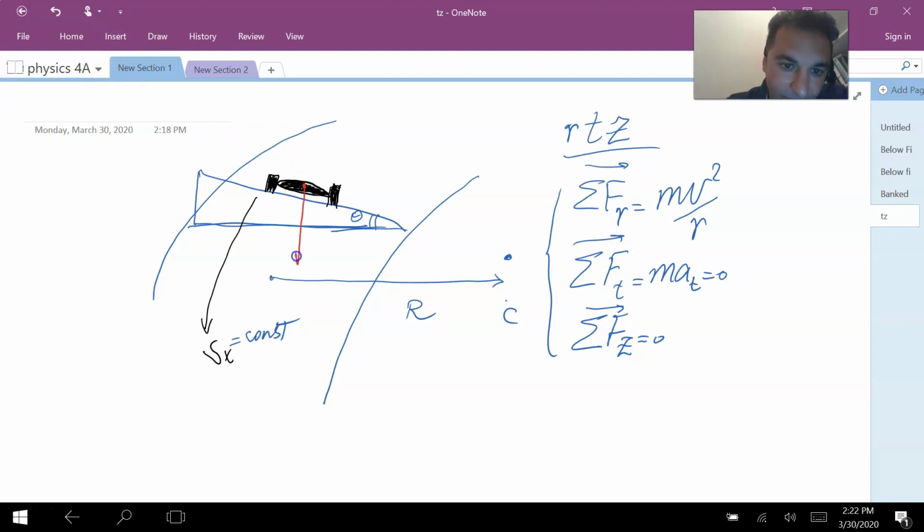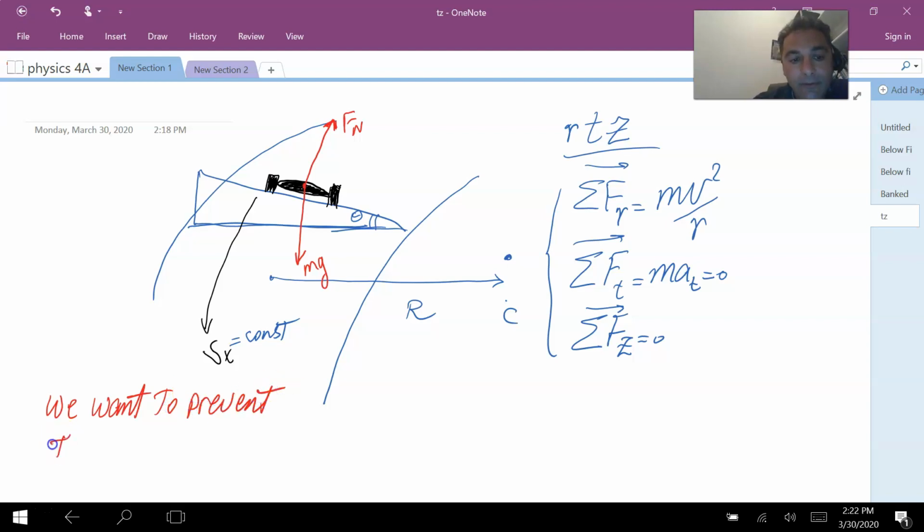So what is this one, guys? It's mg, correct? Fn is perpendicular to the plane. And pay attention now here. We want to prevent the car from what?